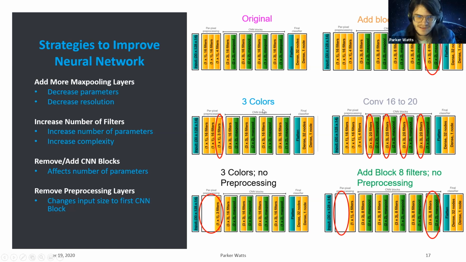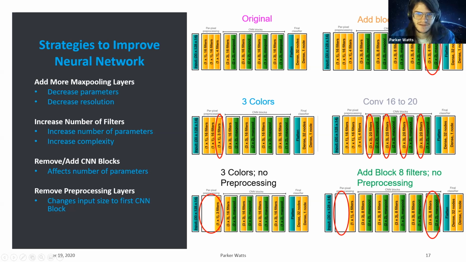And here 3 colors, I've reduced the number of filters in the pre-processing layer. And in this one, I've increased the complexity of all of the convolutional layers. Here, I've just removed 2 of the pre-processing layers, and changed the number of filters to 3. And then here, I've both added the block and removed the pre-processing.